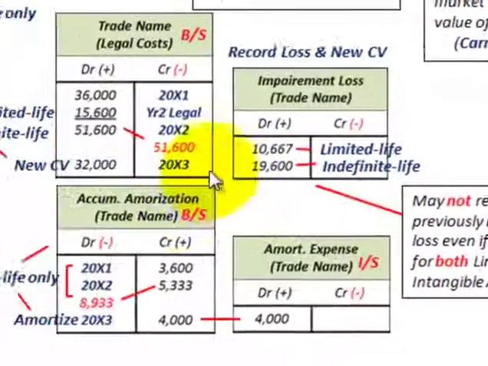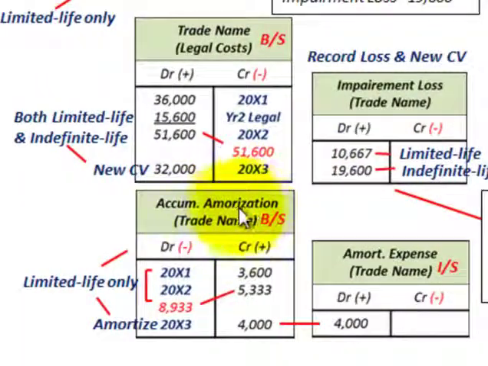So just remember, with the limited life asset, we had some amortization, whereas with the indefinite life you would not have amortized it. But in both cases, our new carrying value was the same for both limited life and indefinite life assets.